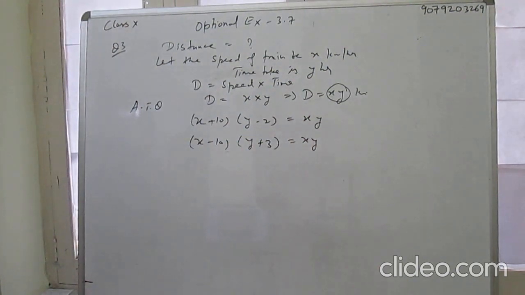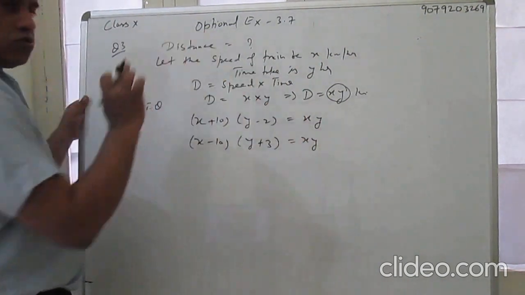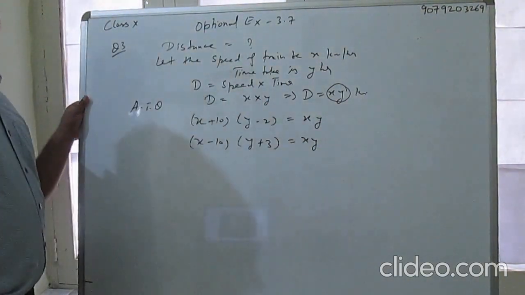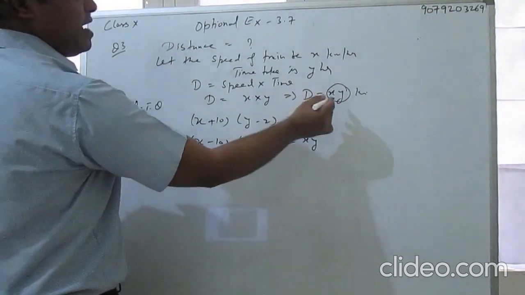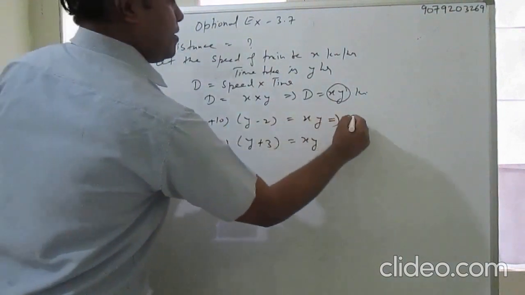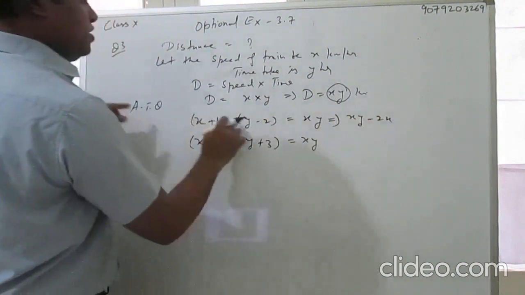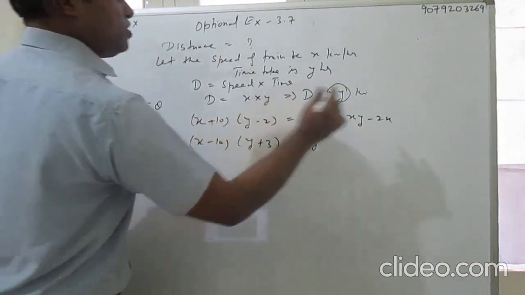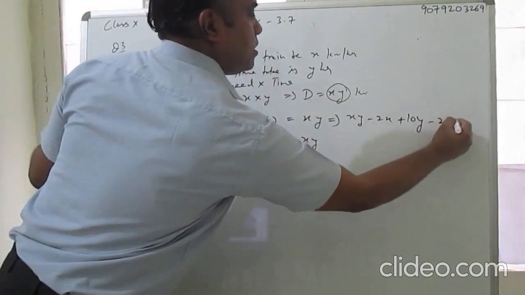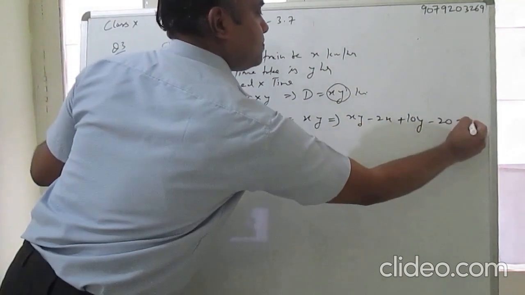Now we can solve these two equations. Speed increased, time decreased, but the distance remains the same. Speed decreased, time increased, but the distance is the same. The original distance we have is xy. Now solve it. xy minus 2x plus 10y minus 20 is equal to xy.